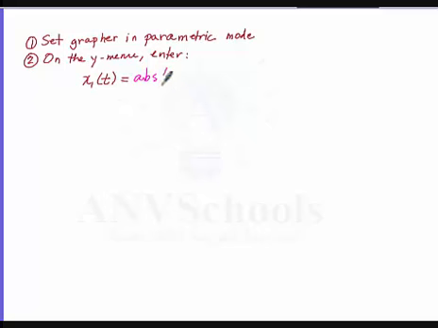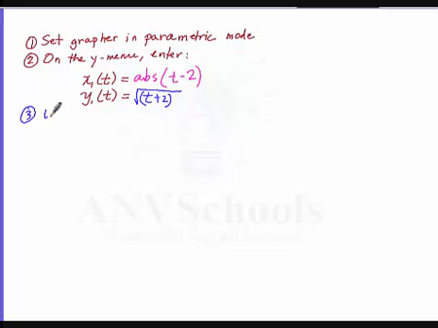Something wrong with the pen. So t minus 2. Now set your y1 of t to the square root of t plus 2, meaning that it's the positive square root, not the negative square root.